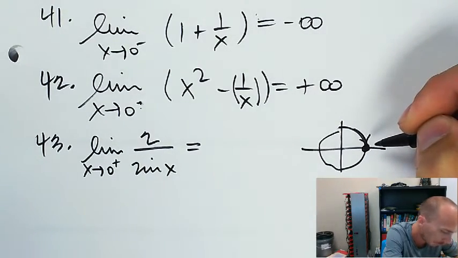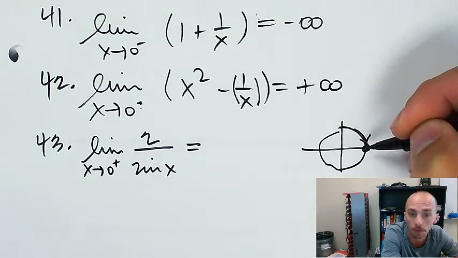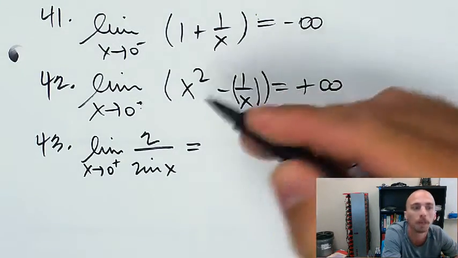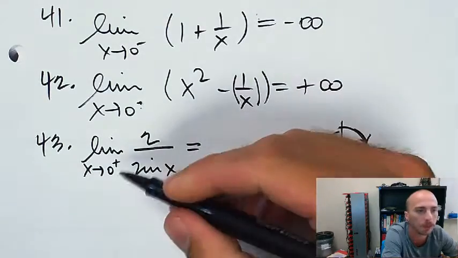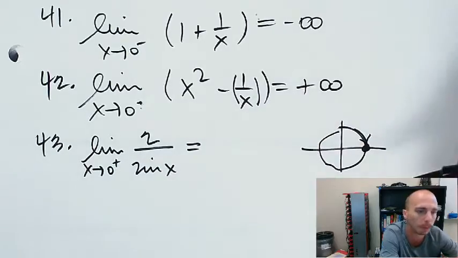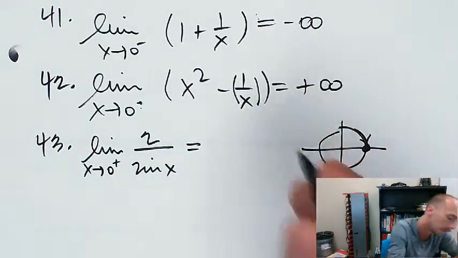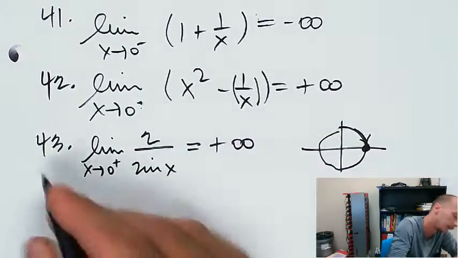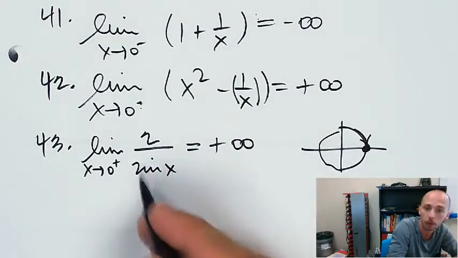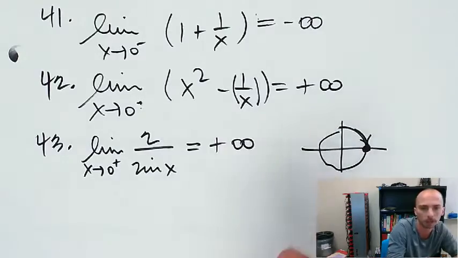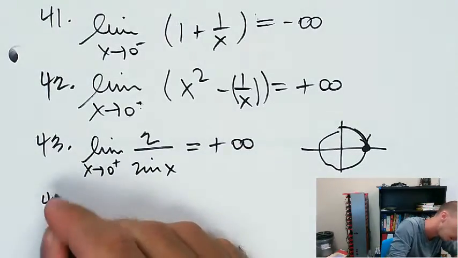As we approach 0 from the positive side, the angle is going towards 0 but positive. So I'm going towards 2 divided by 0 along a positive number. You take something near 0, like pi over 6, and sine is positive. And so that's going to be a positive infinity situation, because 2 is going to remain positive and this is going to 0. Okay, we've got a vertical asymptote and it goes to positive infinity.